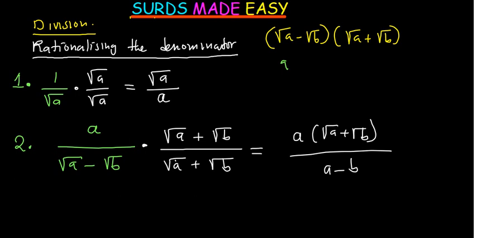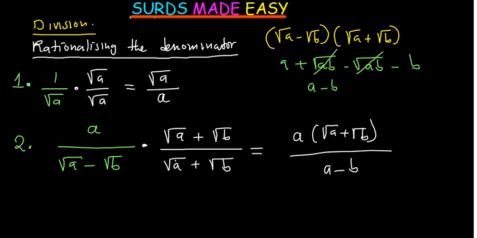Remember, you multiply what is inside, so that will be positive root of ab. And then negative root of b times root of a, that will be negative root of ab. Negative root of b times positive root of b will just be negative b, because what is inside is the same. This is positive, this is negative, they'll cancel out, so the answer just remains a minus b. So that is where it comes from.